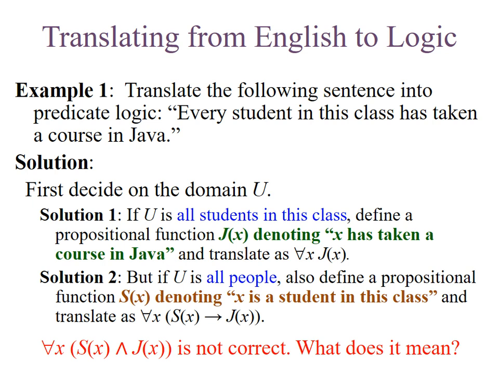Why is this expression incorrect? For all x, all people, S of x means x is in the class, and J of x means x takes the course in Java. Why is this meaning different from the original?